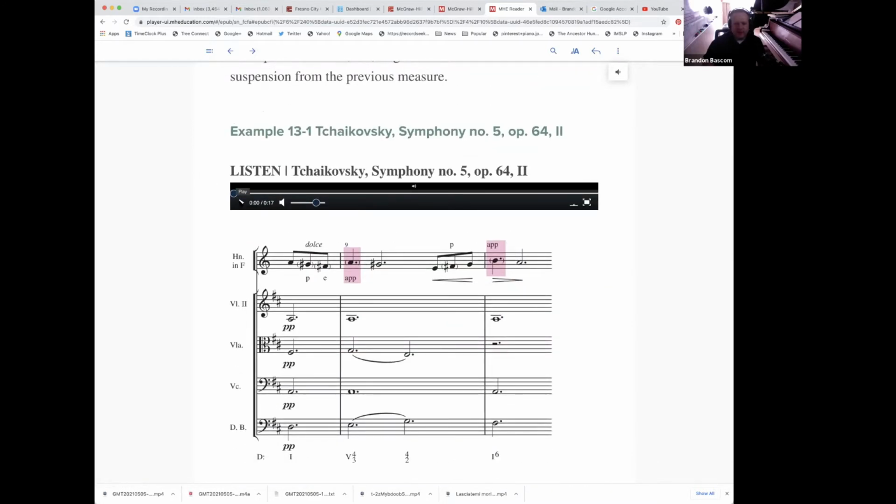Tchaikovsky, Example 13-1. So there you go.